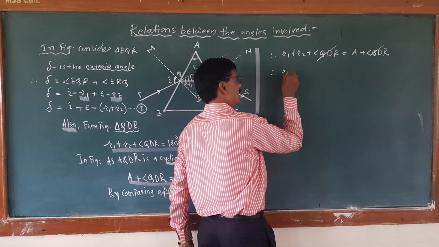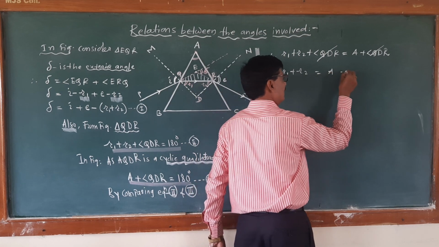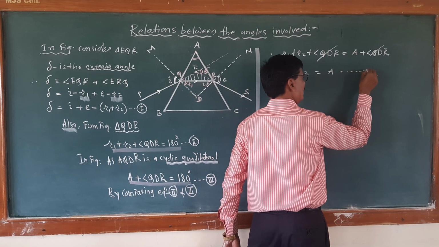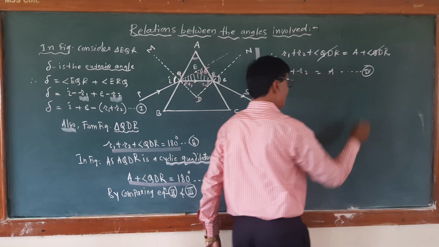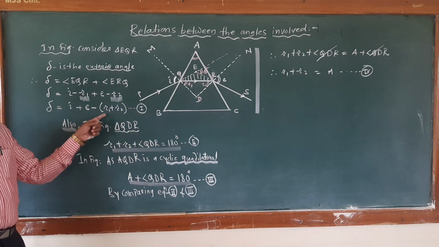Therefore R1 plus R2 is equal to capital A. Suppose this is equation 4. From equation 4 we get the value of R1 plus R2.